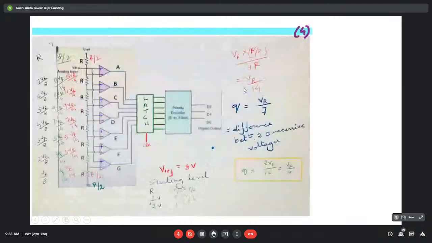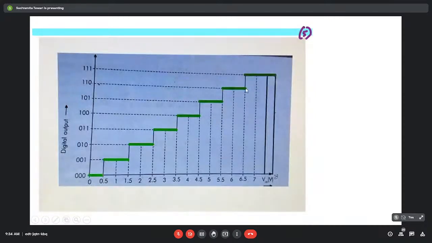Now, at the last range, when it is greater than 13 VR by 16 but less than this V reference, that actually increases the length of this particular level. That is, it starts from 6.5 and it is ending at 8. While the first level has been shrunk from 1 volt to just 0.5 volt.